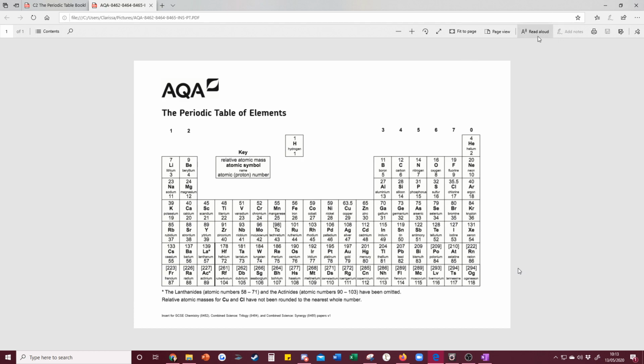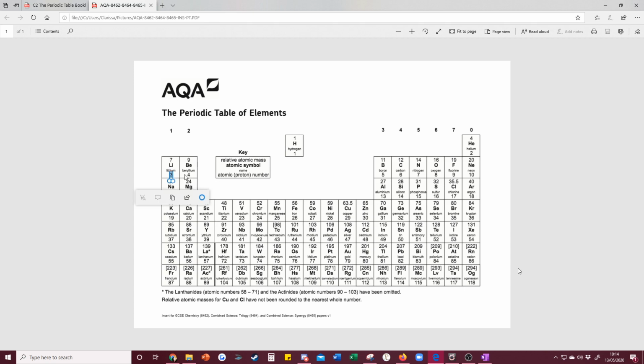Now, if you notice, at the very top of our periodic table we have a key. That key will be provided for you. Make sure you look at the key if you don't remember which number is what. At the very top here, it says relative atomic mass. That's basically the mass of the atom. Then we have our symbol, then our name, and then the number at the bottom is our atomic, or proton, number.